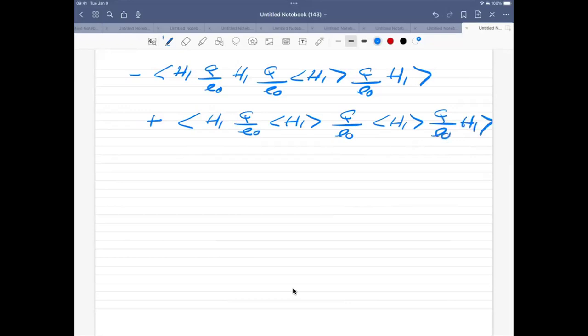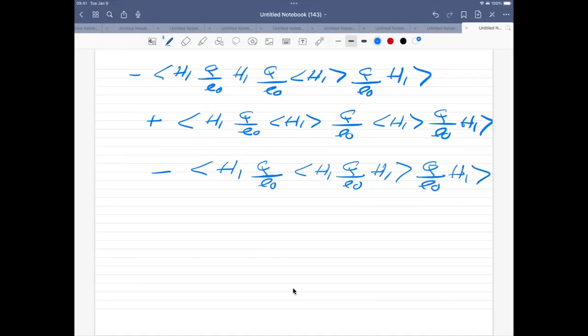So when you look at these different terms here, we then need to add the final one, which is simply an HI of Q of E0, but this has a second order term in here. So this is Q of E0 of HI of Q of E0 of HI.